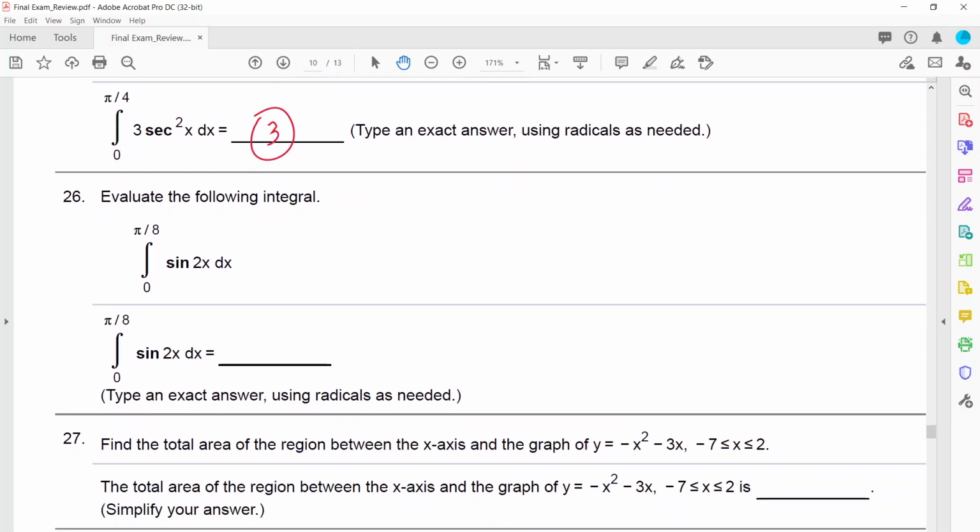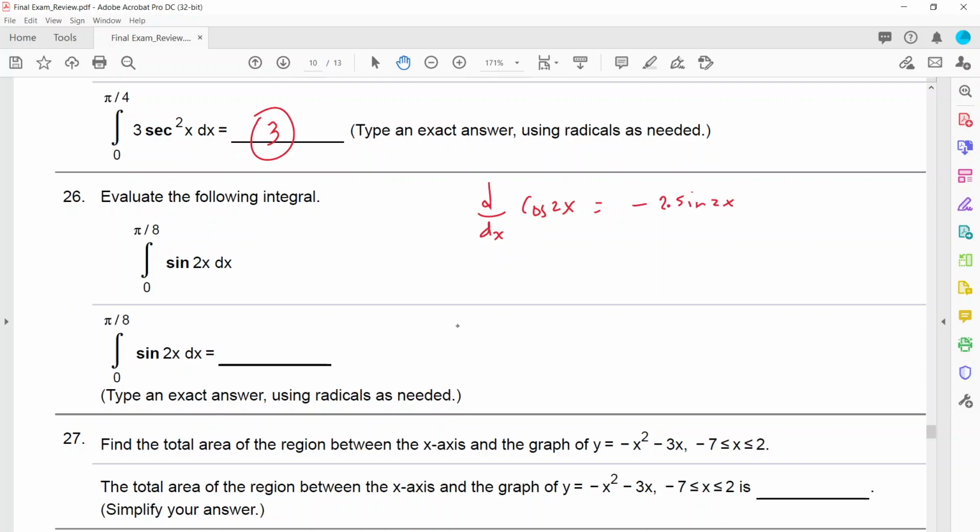You can find the integration of sine 2x. The derivative of cosine 2x is negative 2 times sine 2x. So if you want to find the integration of sine 2x, you just have to divide both sides by negative 2.